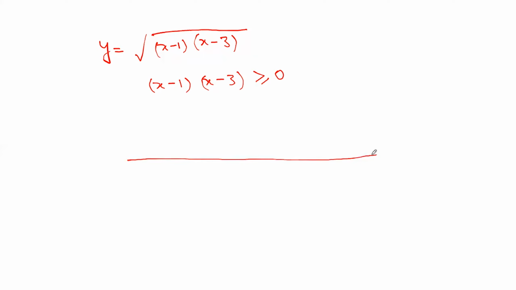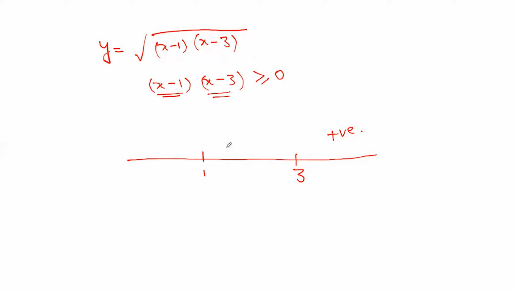Make the number line. This will be 0 at 1 and 0 at 3. Mark both points. Put any value greater than 3, so this will be positive.